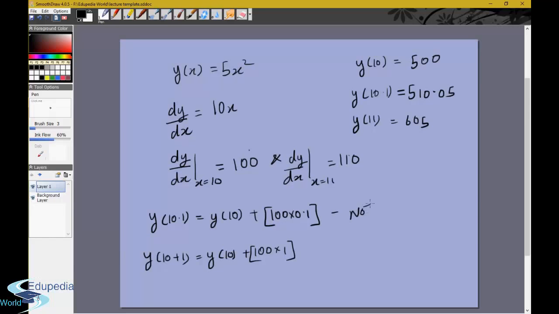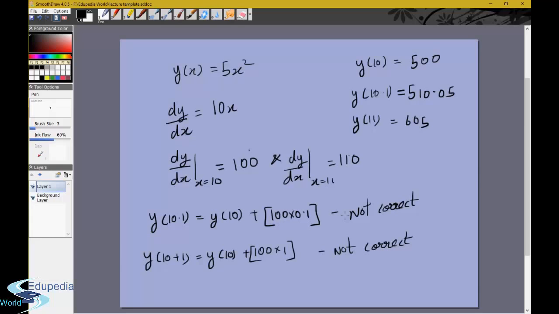Not correct for both of them. Because as we go from 10 to 10.001, dy by dx changes a little bit. It's not 100 anymore. We go from 10.001 to 10.002, it changes again. So these equations are not correct.